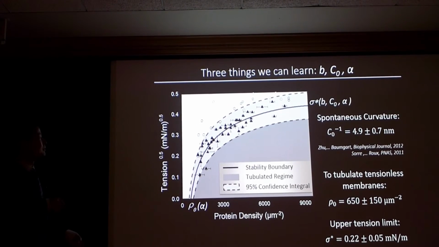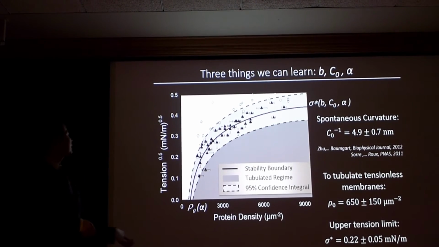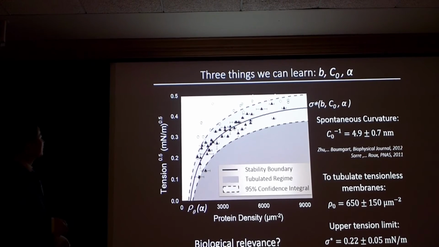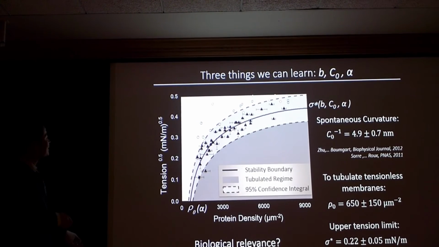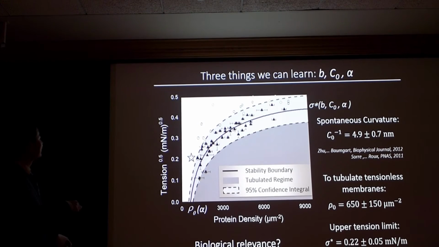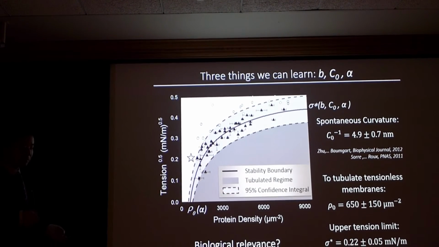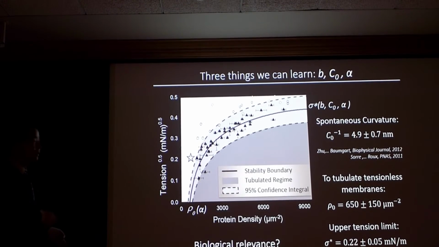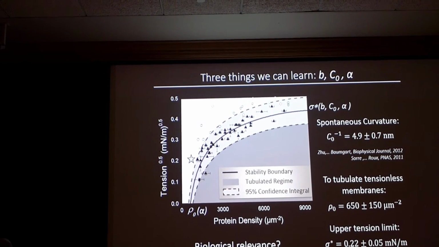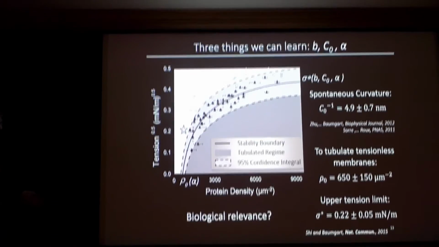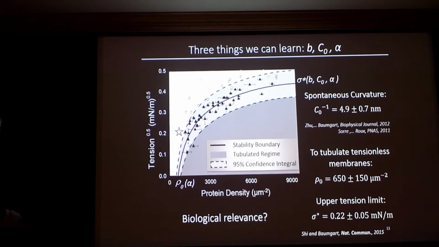But you may wonder what's the meaning of all these numbers. Just to give you an example, the resting membrane tension and endophilin density for a resting neuron lies somewhere over here. As you can see, the cell is pretty close to the transition boundary, which means you can easily go across the boundary by locally concentrating the protein or by changing its membrane tension.